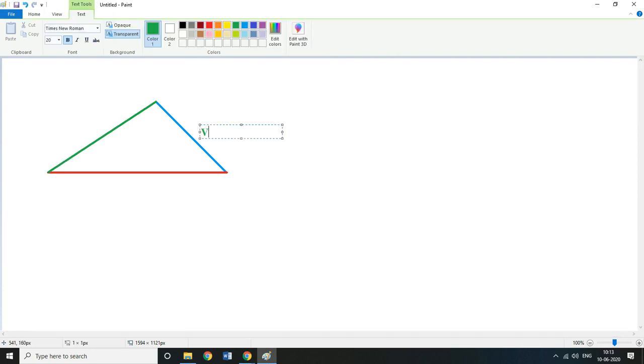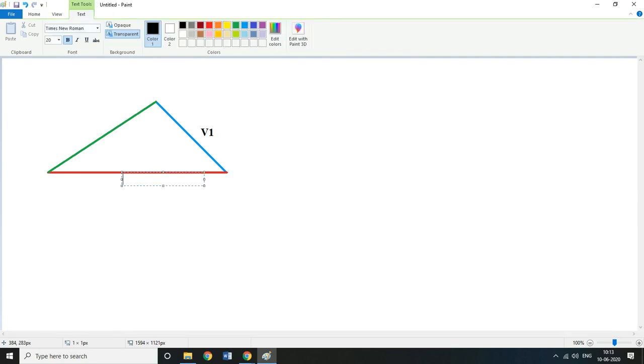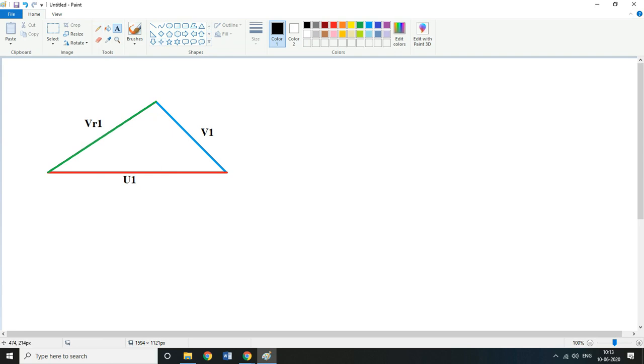This is your absolute inlet velocity, and this will be your rotor blade velocity, so that is U1, and this will be your resultant VR1, okay.